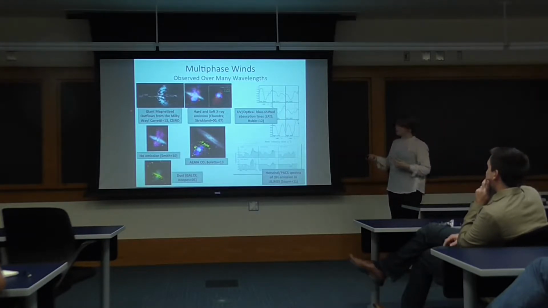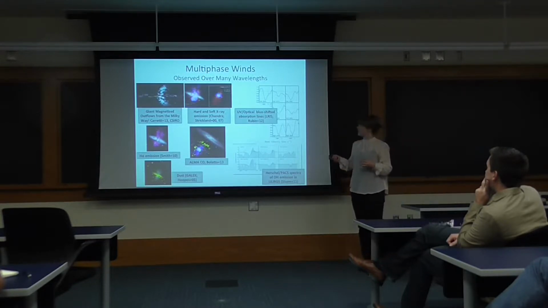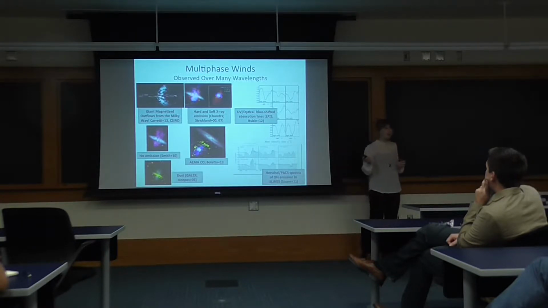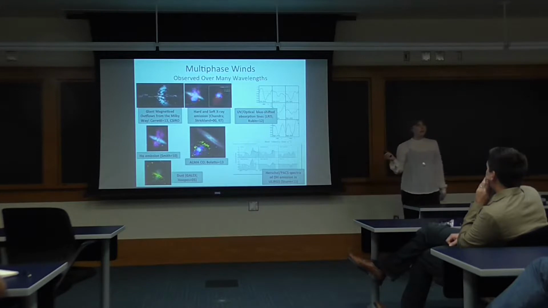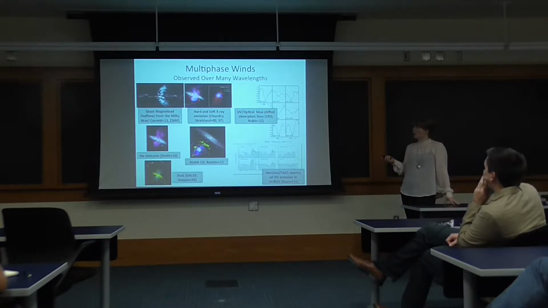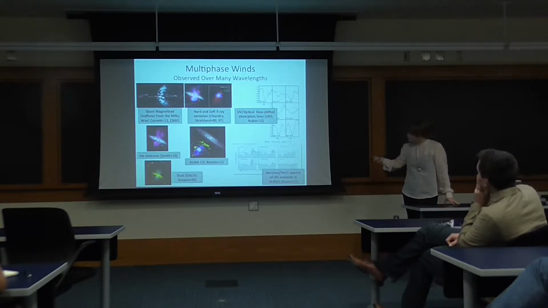And so our own galaxy, the Milky Way, shown here, is driving a large-scale wind centered on the central, maybe 50 parsecs of the galaxy. And these are giant magnetized outflows traced by these radio lobes from our own galaxy. It's driven by star formation, and it's driving like 10 to the 55 ergs per second into the halo of the Milky Way.